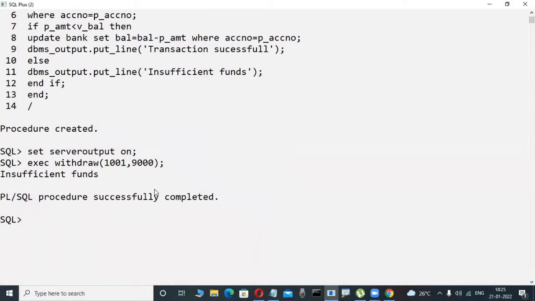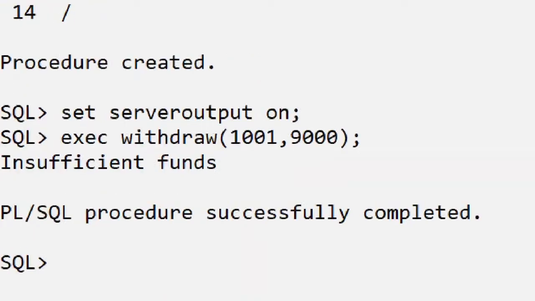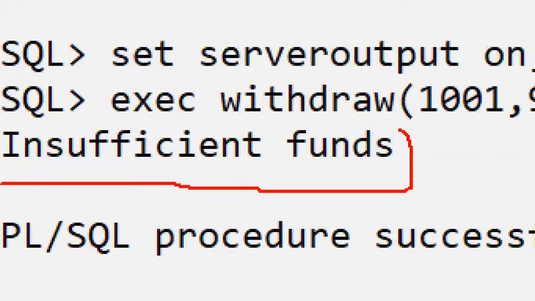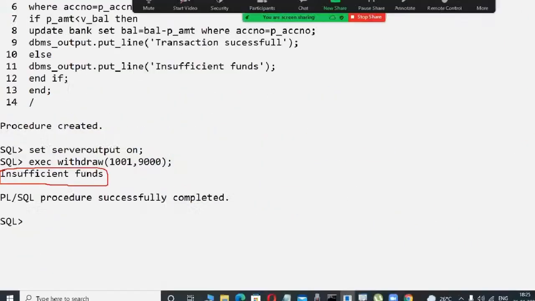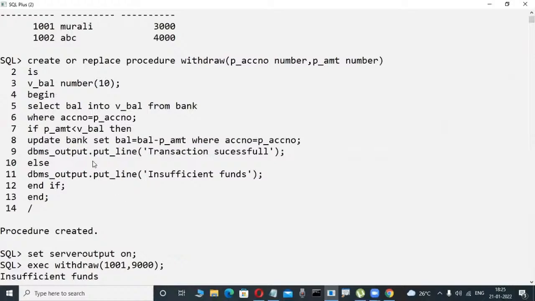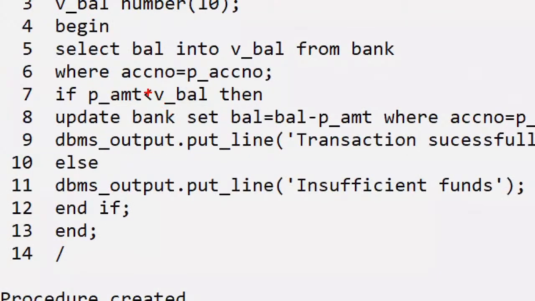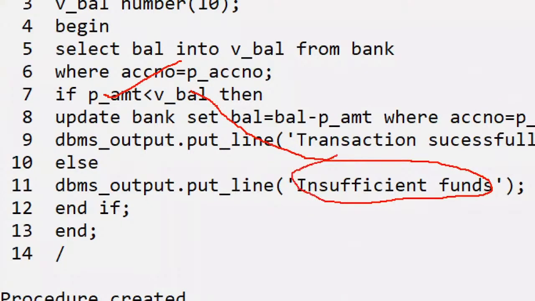No. So here it will give the message, insufficient funds. It will display the message, yes. This is how it is possible: the coding I'm writing is executed, because your amount is more than the available balance. That's why insufficient funds only. It will display the message, yes.